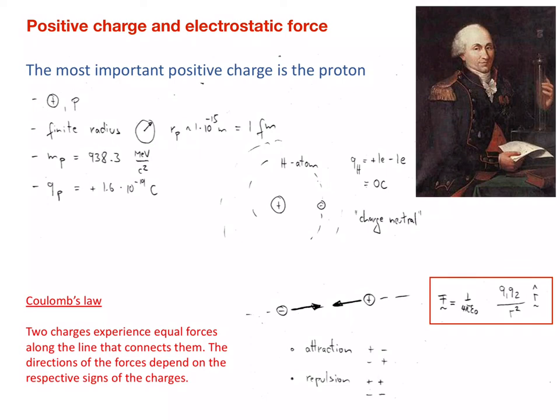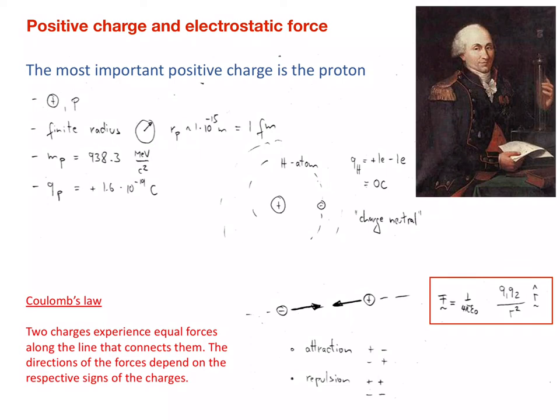The magnitude of the forces acting on the two charges is given by Coulomb's law as F equals 1 over 4 pi epsilon naught times Q1 Q2 divided by r squared times a unit vector that points in the direction of the force.